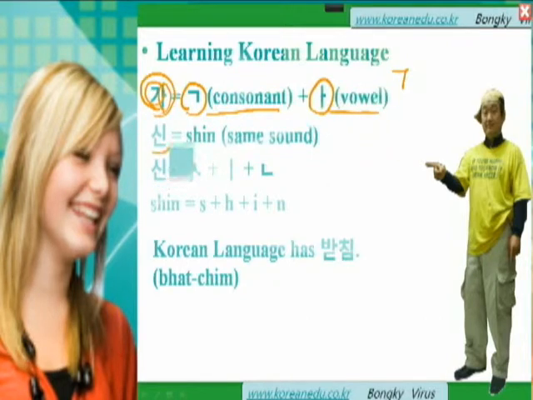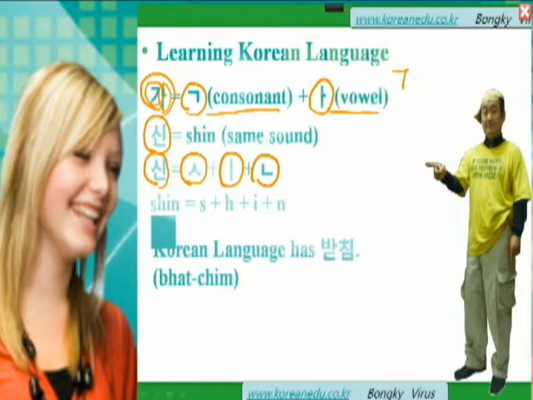What about, we saw this before, 신. 신 is 시옷 plus 이 plus 니은. 신 means what? Yes, it is God. If you express it the English way, it's S-H-I-N, shin. Every alphabet, every sound compounds together and makes one sound, and it has meaning.